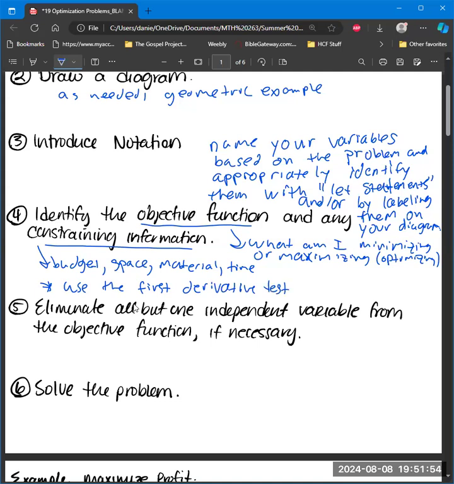Constraint information may be implied, such as things like distances are positive, time is always positive.